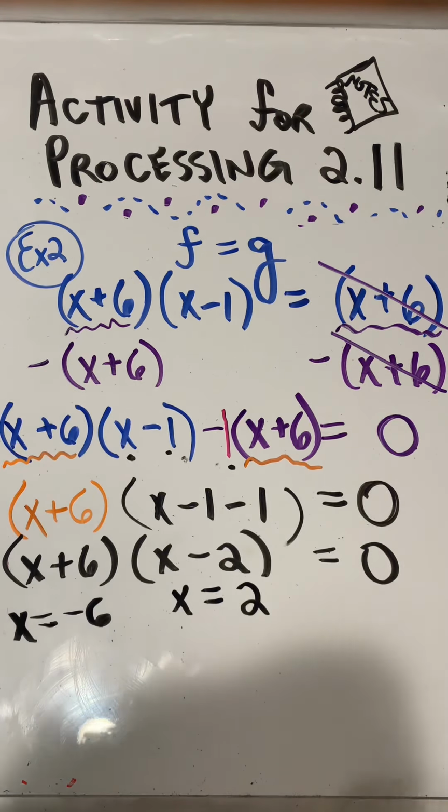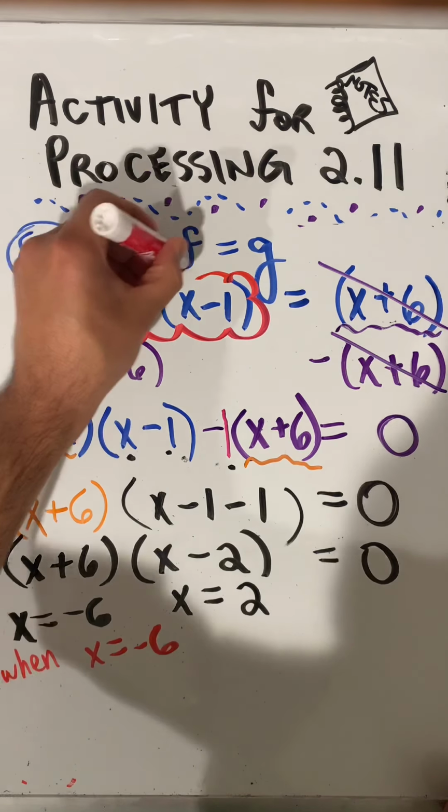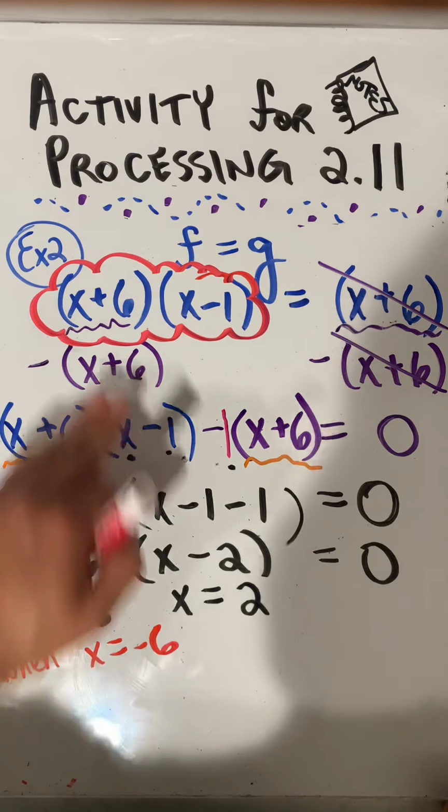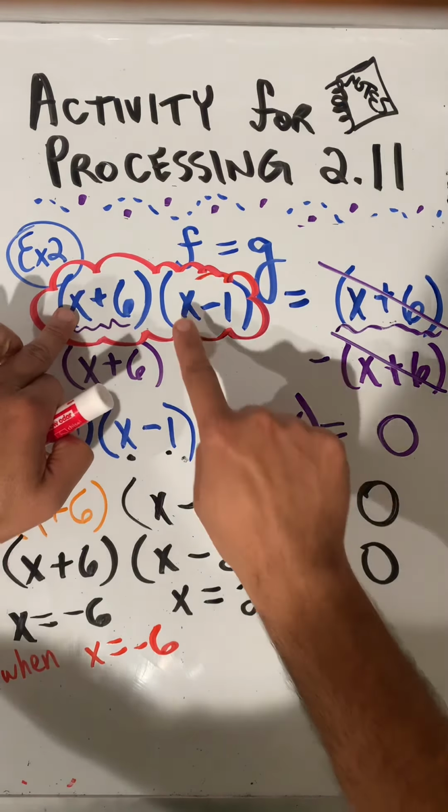When x equals -6, I'm gonna plug it into this blue equation. I'm gonna put it in a cloud. I'm gonna put that here and here. This is gonna go here and here. So we have -6 plus 6 times -6 minus 1. Okay, -6 plus 6 is 0.